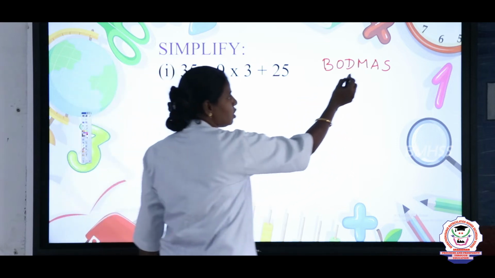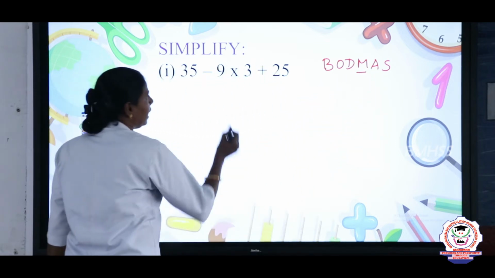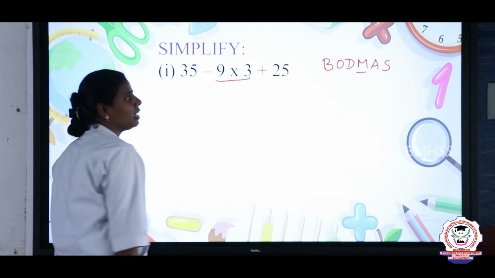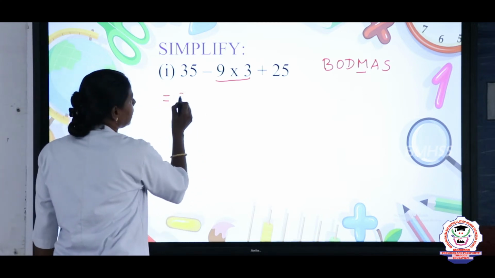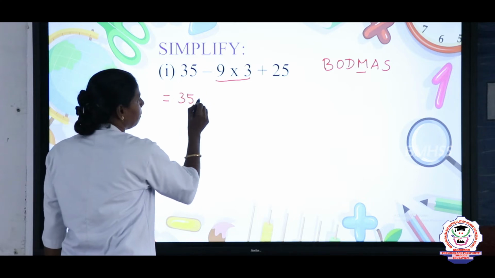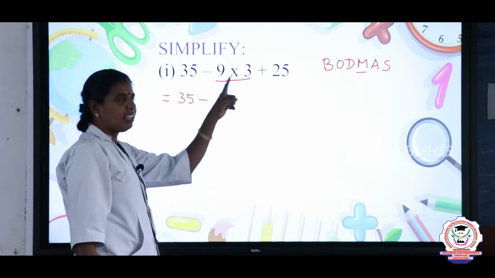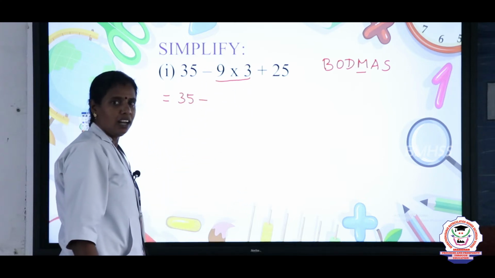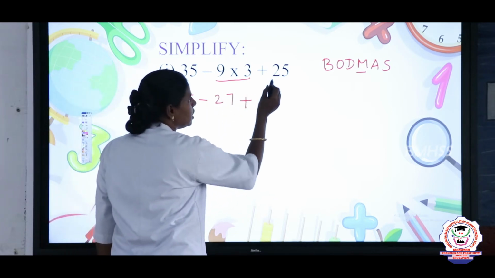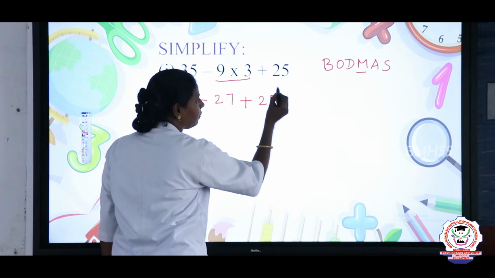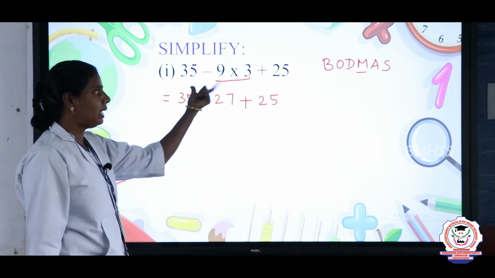No. Next to division, what are we going to do? Multiplication, right? So the multiplication step is the first step we are going to do, which is 35 minus, what is 9 3s? 9 3s are 27, plus 25. So we have completed the multiplication.